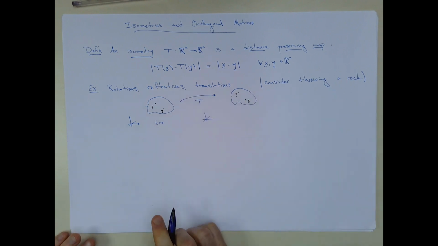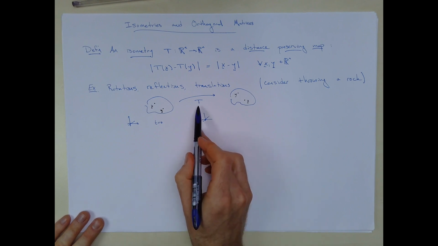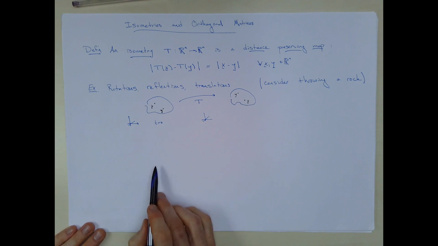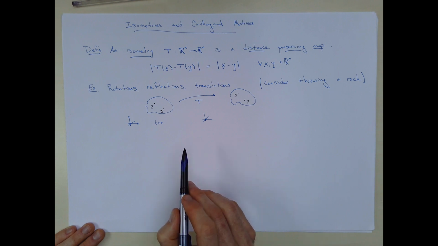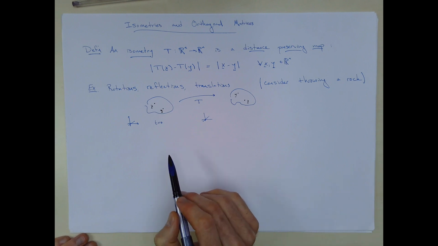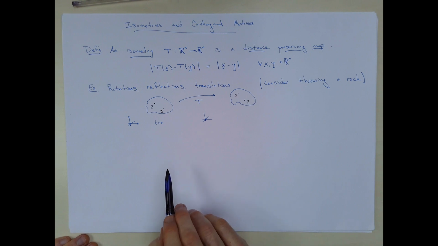And we could imagine describing this motion by a map T, which is going to be a different map for every point in time, little t. But the point is that this rock is what is called a rigid body, a concept you'll get into in the dynamics course next term.